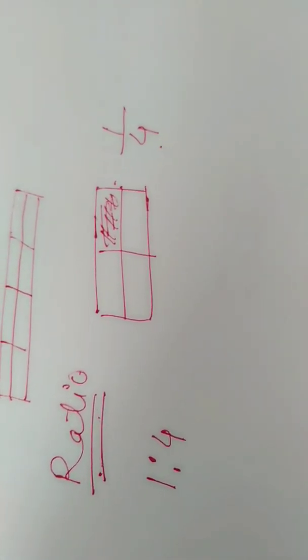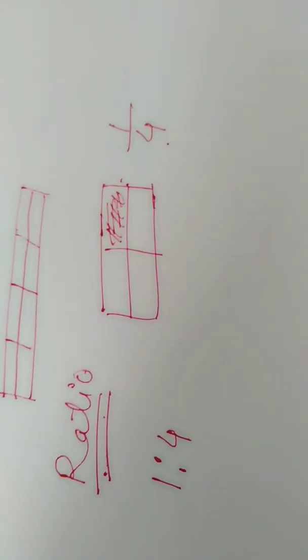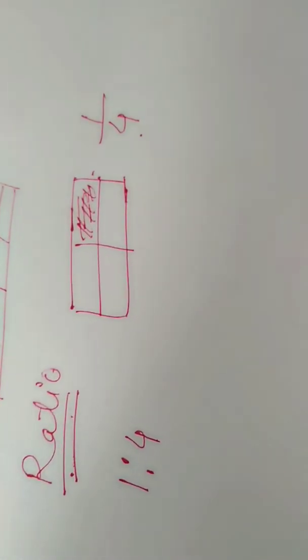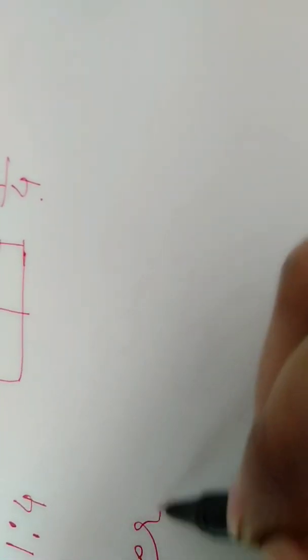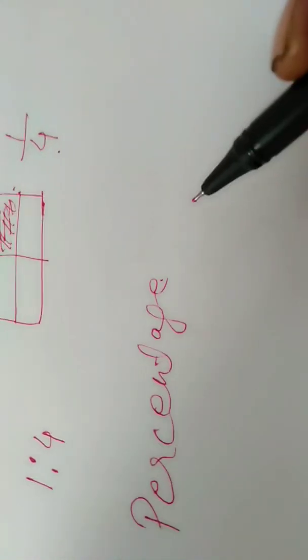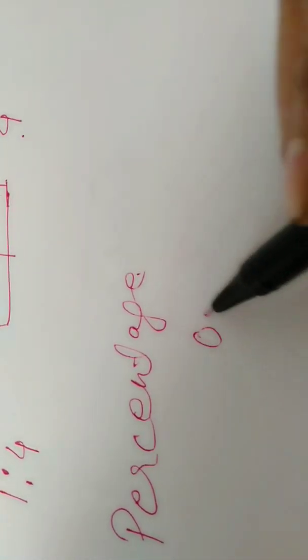रेशियो में हम कंपेयर करते हैं, सब्ट्रैक्शन में कंपेयर करते हैं. Then one more method of comparison is the percentage, out of 100. Percentage means out of 100.